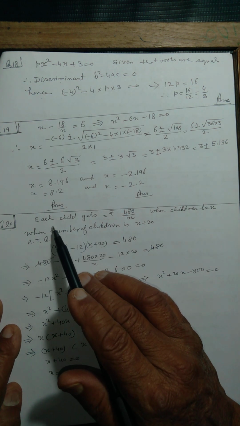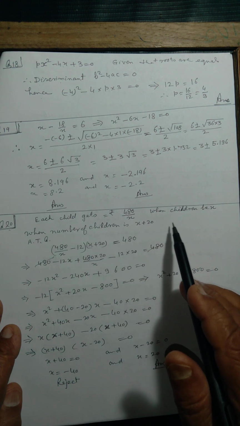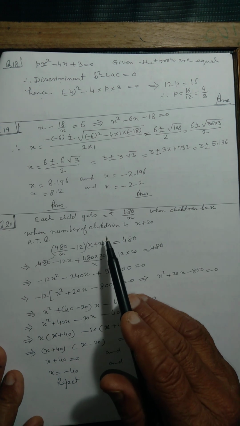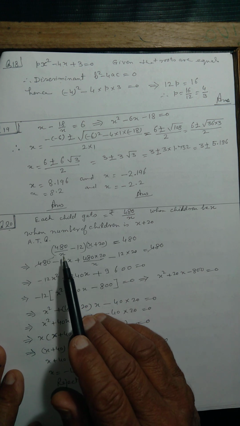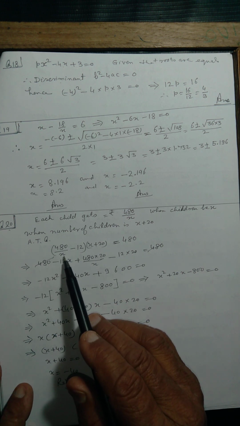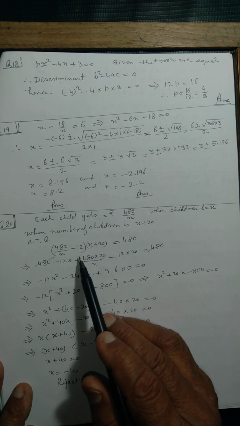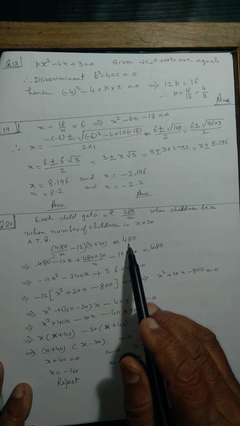Here, each child gets rupees 480 divided by x when the children are x. When the number of children is x plus 20, according to the question, 480 divided by x minus 12, whole multiplied by x plus 20 should be equal to 480.